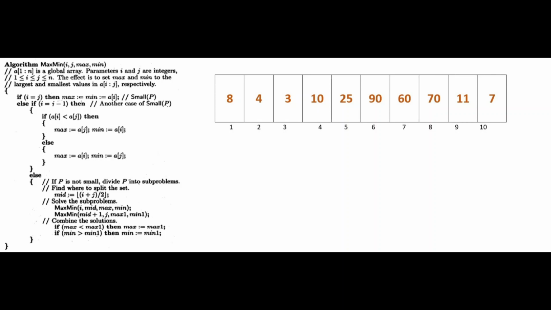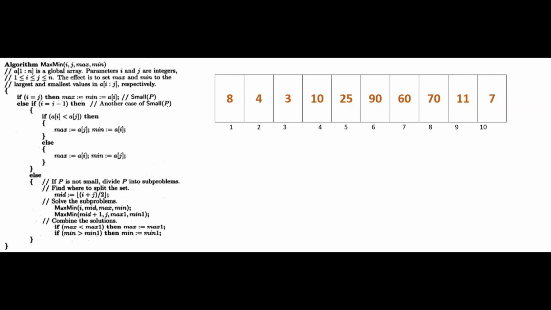Divide and conquer method means dividing the problem into smaller and smaller subproblems. If a subproblem is small, then solve it and combine the results of all the subproblems. That combined result is the result of the main problem.